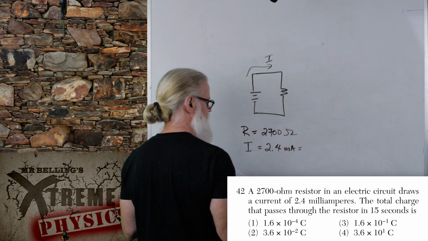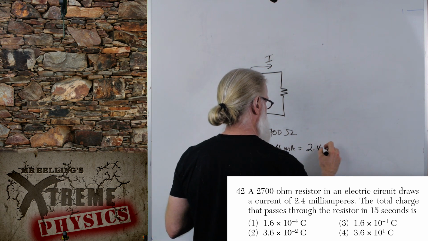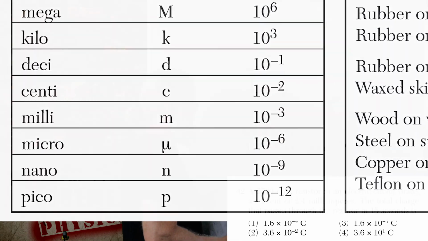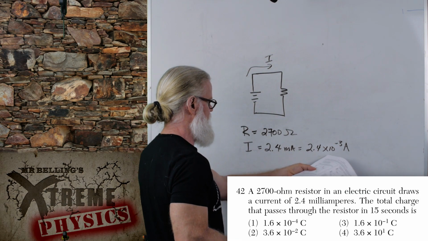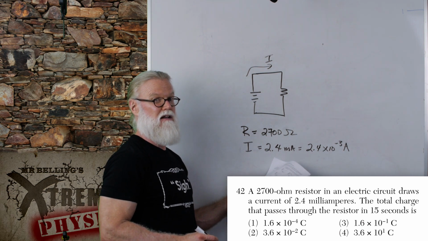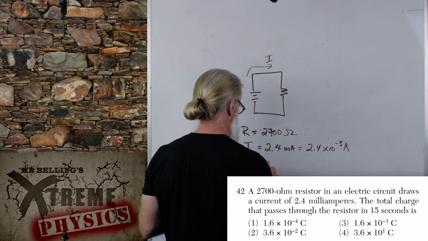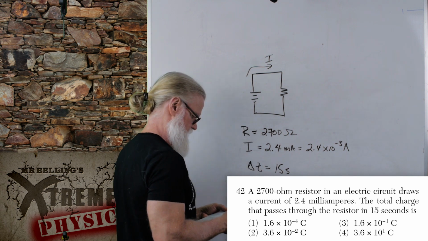What is milli? Milli is 10 to the minus 3. Look that up in your reference table. You've got to convert that because your calculator doesn't understand milli like I understand milli. And the time is 15 seconds, a standard unit. I'm glad. What's the question?